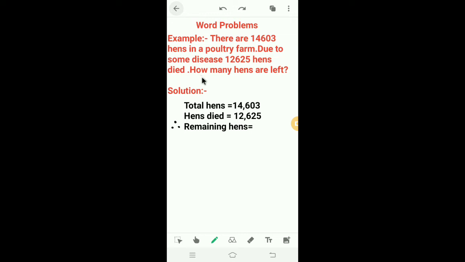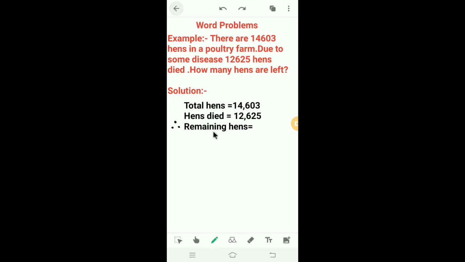Here we have to find out how many hens are left. Let's see the solution. Total hens is equal to 14,603. Hens died is equal to 12,625. So we have to find out the remaining hens. How can we find the remaining hens?